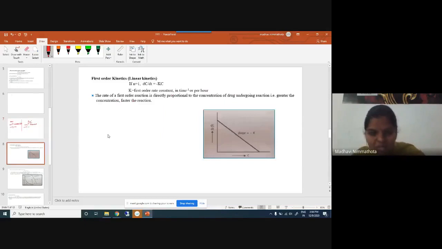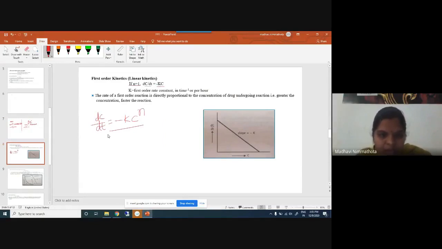So you just see how the first order kinetics will be. If n is equal to 1, dC/dt equals minus k into C. What is the general equation? What is the basic equation? dC/dt equals minus k C to the power of n. This is the basic equation, right?